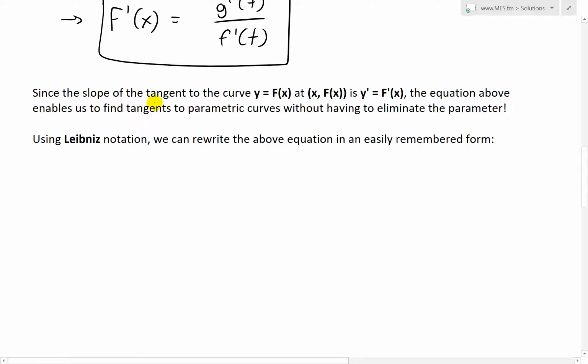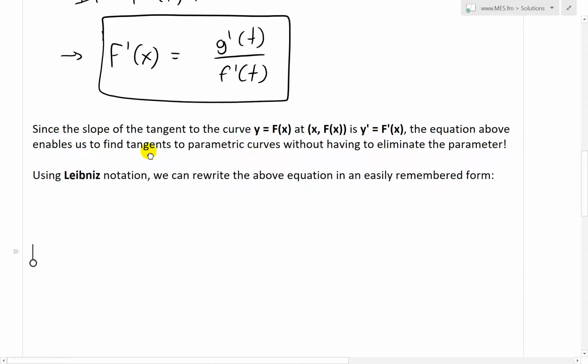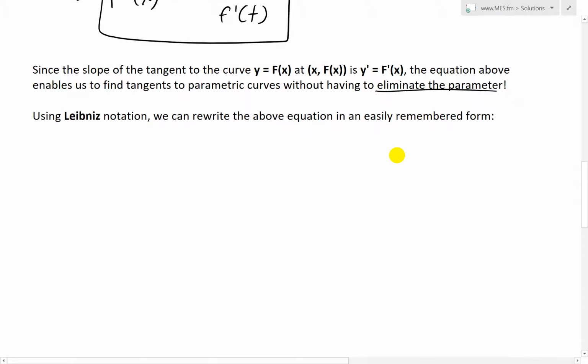Since the slope of the tangent to the curve y equals capital F of x at the point x and F of x like that is simply F prime of x, which is this over here, the equation above enables us to find tangents to parametric curves without having to eliminate the parameter. Notice the parameter is right there, so we don't need to remove it, and we can still find the derivative of the function as a function of x, like that, which is quite amazing.